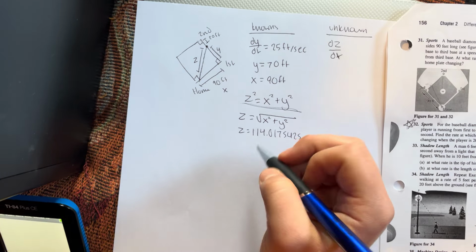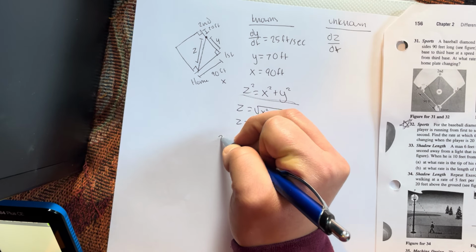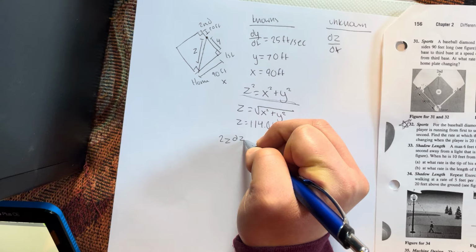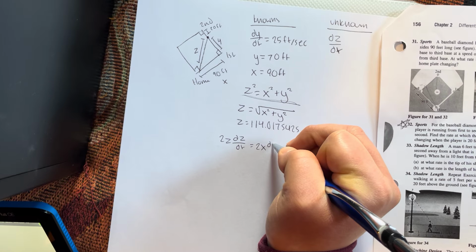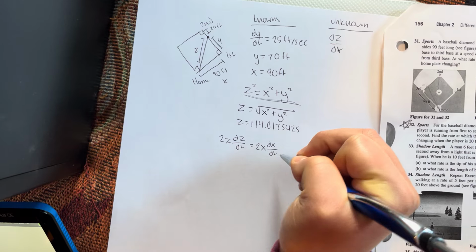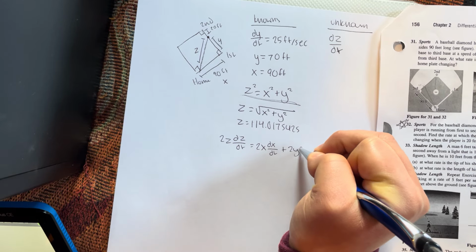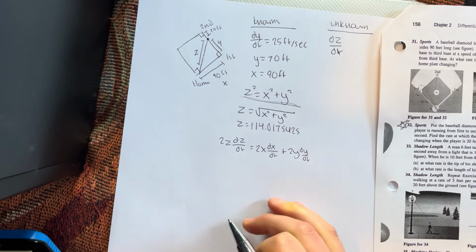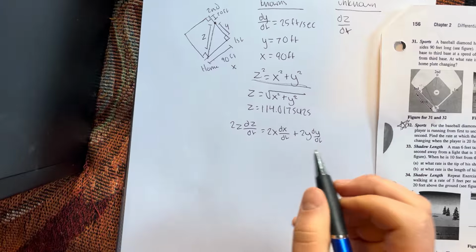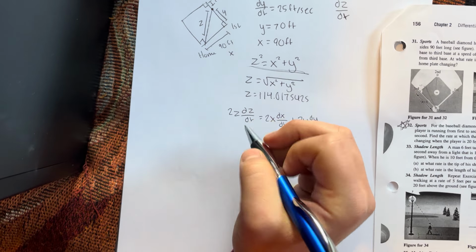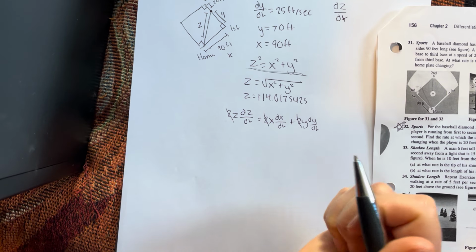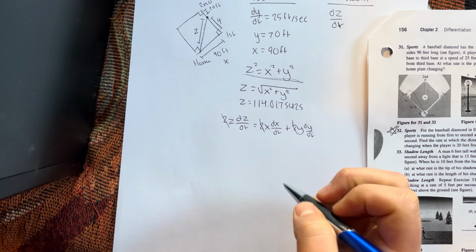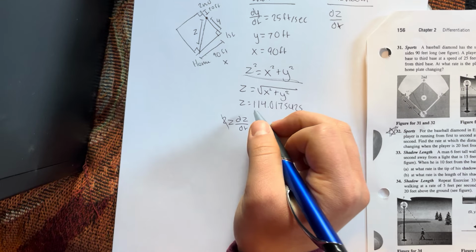So to differentiate that, we're going to get 2z dz/dt equals 2x dx/dt plus 2y dy/dt. So then we're going to fill in what we know already. We can cross out the 2's because it's on every single component of the equation, so they just cancel out anyway.